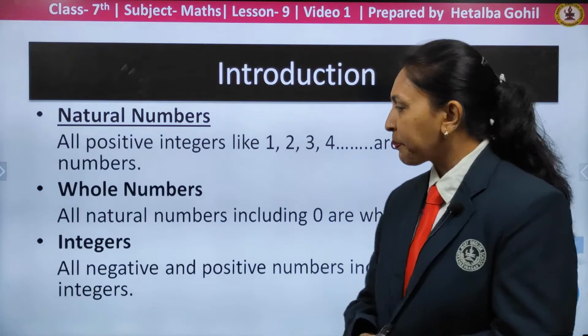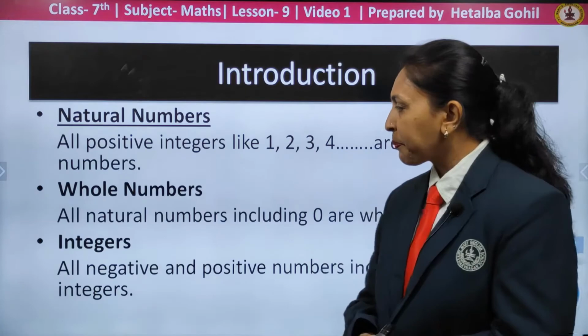The rational numbers, as they include all these natural, whole and integers, can also be represented on the number line. And the most important thing, children, there are infinitely many rational numbers between two whole numbers or integers, you can call it. Okay, let us move further.